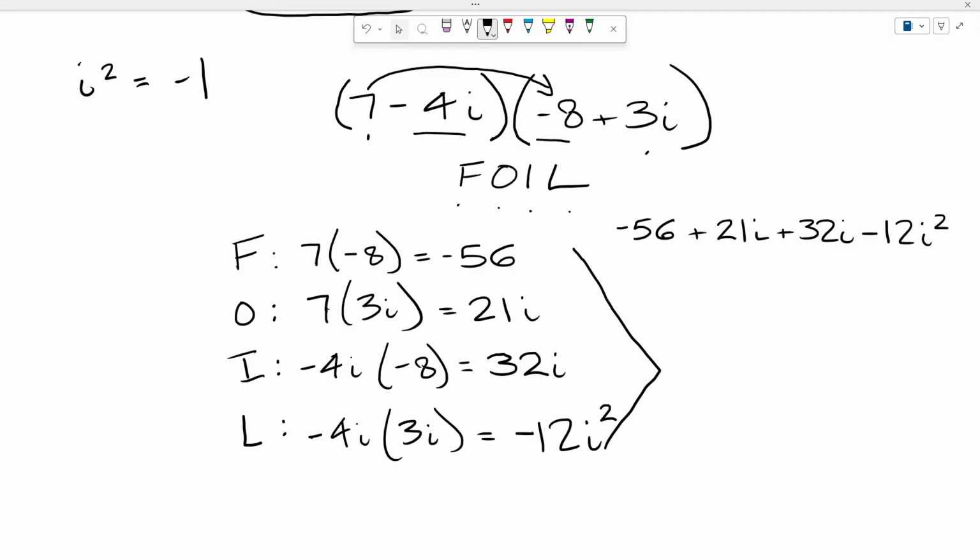All right, so we went from this up here, we FOILed it, and now we are here. So let's start with, we can combine these terms. These both have just a single i attached to them, so we can combine those. So we have -56, and then we have 21i plus 32i. So that'll put us at 53i.